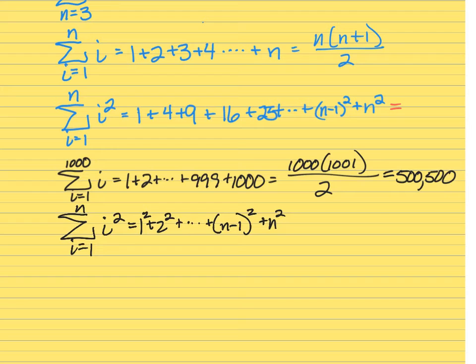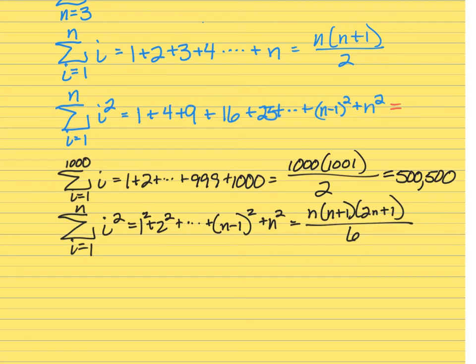Well, that is equal to, we have a formula, n times n plus 1 times 2n plus 1 all over 6. So if I want to add up the first 100 squares, I could just plug 100 into this formula right here, and I've got the answer. So that's real handy.